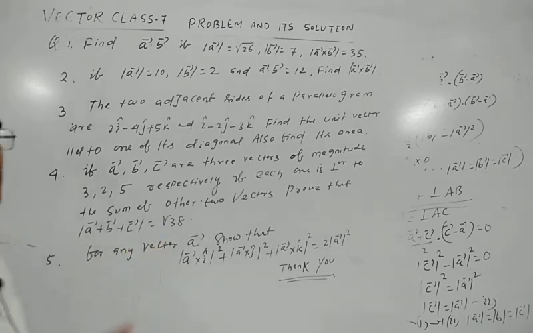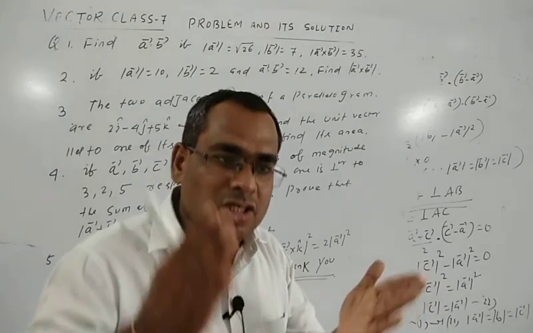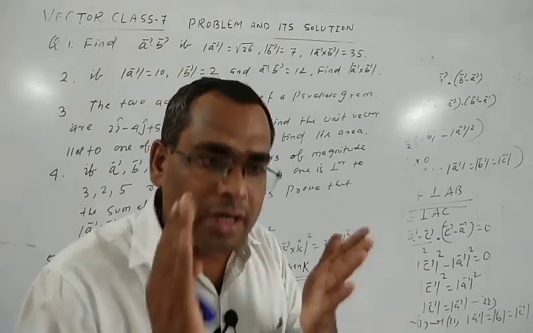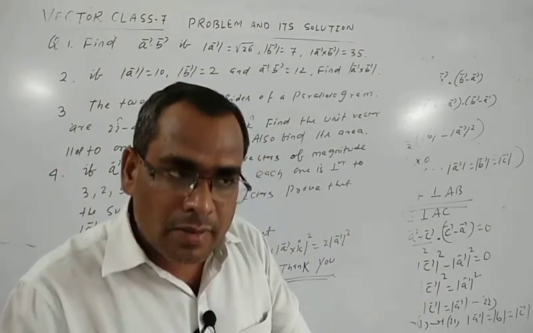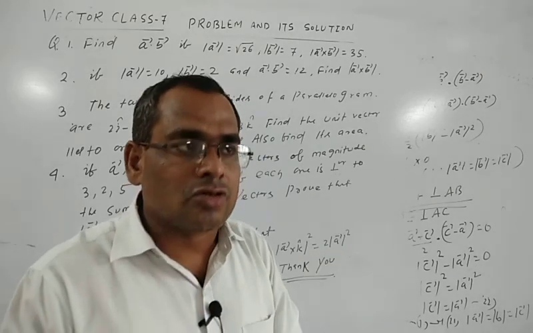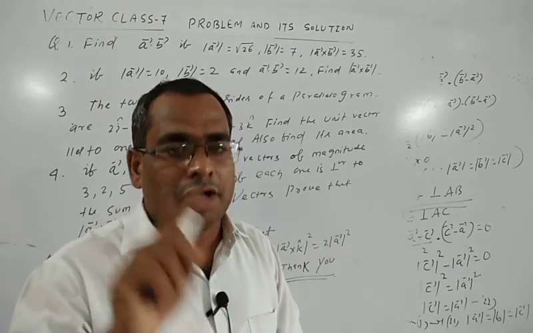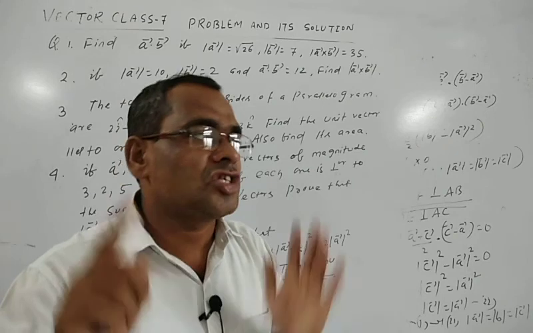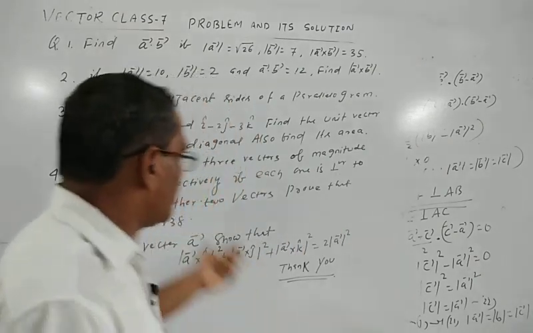You know A plus B plus C magnitude square is equal to A magnitude square plus B magnitude square plus C magnitude square plus 2 times A dot B plus B dot C plus C dot A. Using this formula you have to calculate.